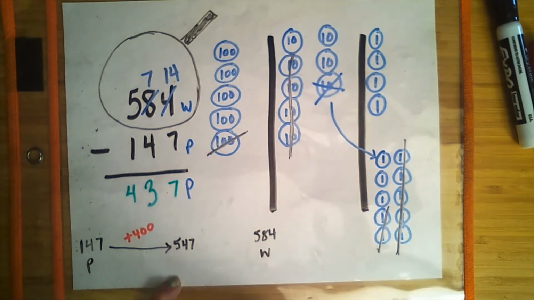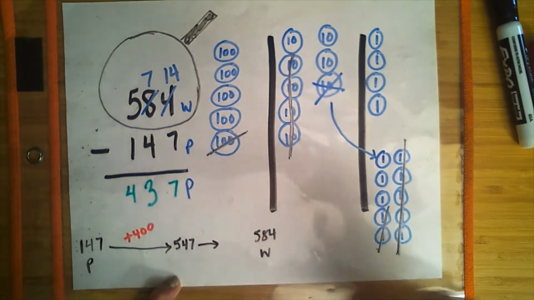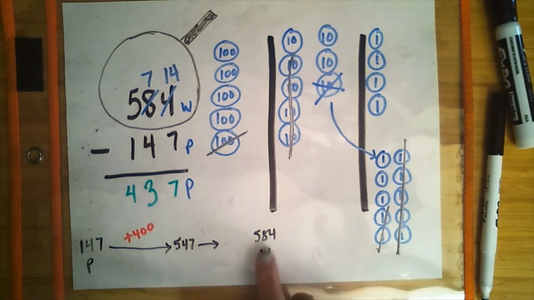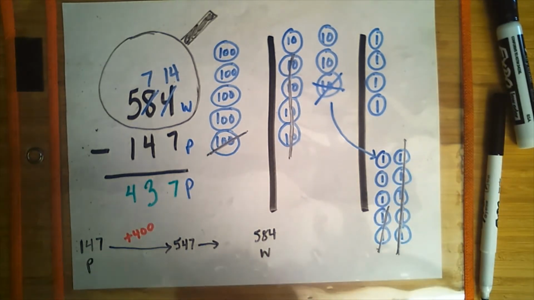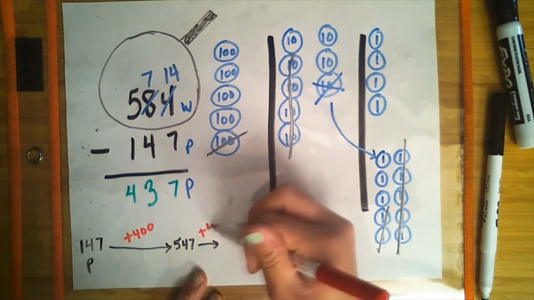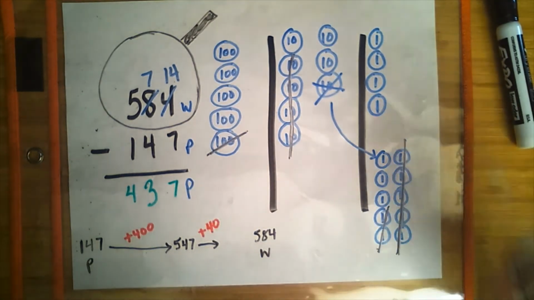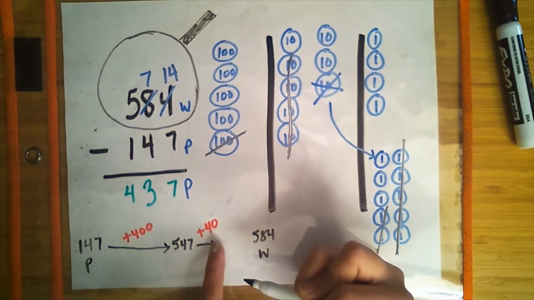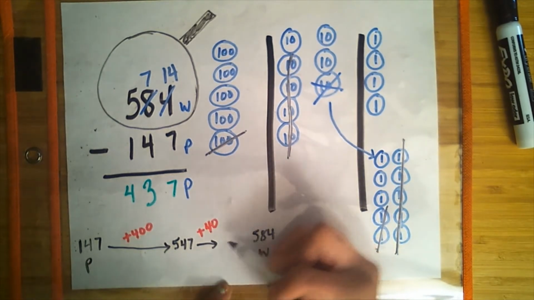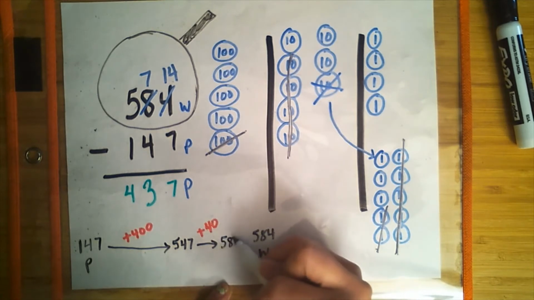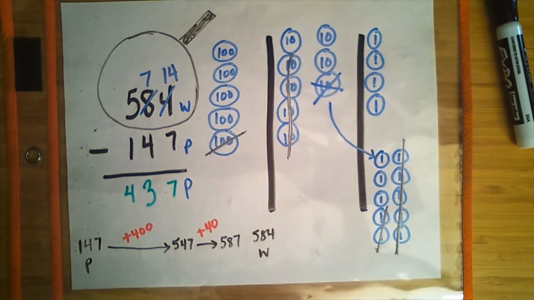547. Ooh, so close. So since I see that I have an 8 in the tens place, I'm going to do 40 more jumps and see where that puts me. Okay. If I do 40 more jumps from 547, that's going to put me at 587. Oh no, that's a little bit too much.